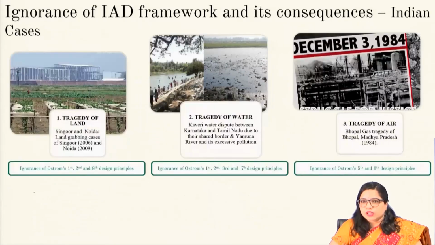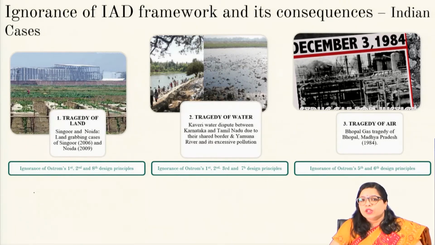In case of the tragedy of the commons witnessed in case of Singur and Noida, the 2 instances highlight the clear ignorance of Ostrom's first and the second rule, advocating the group boundaries and work with rules that are formulated in congruence with local needs, along with the defiance of the 8th rule of governing commons in a nested tier with an interconnected system.